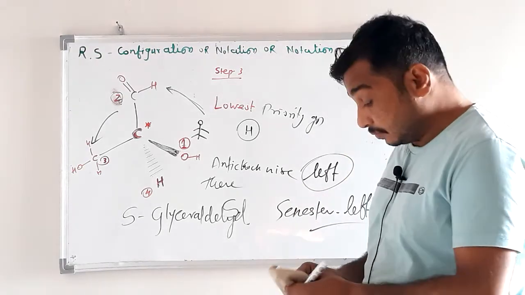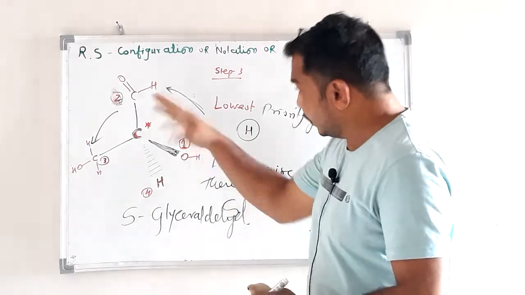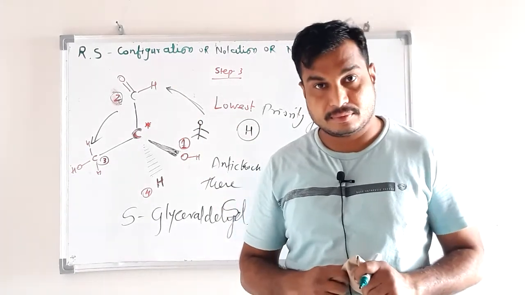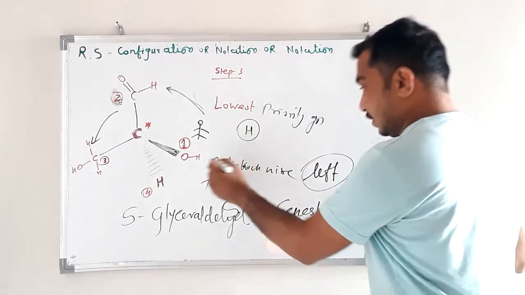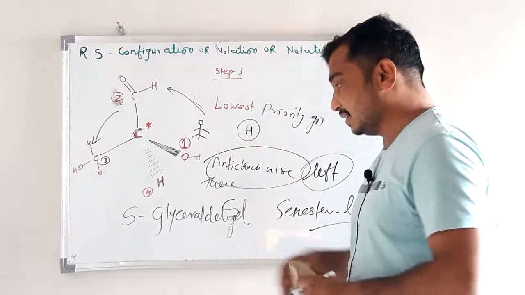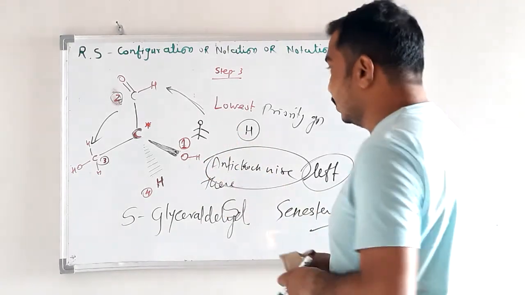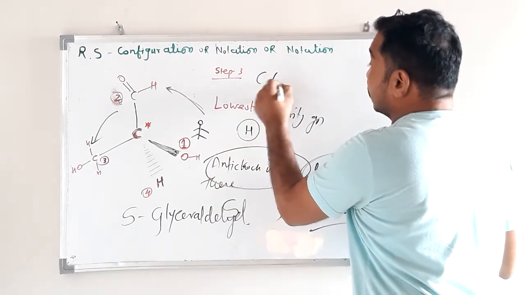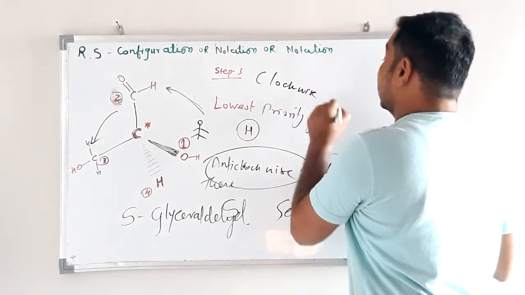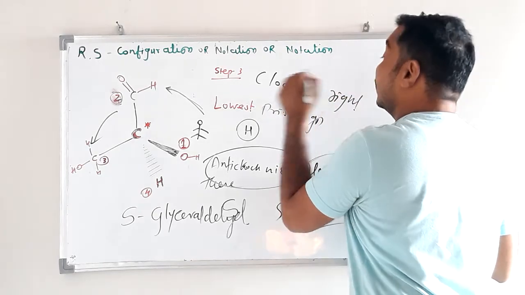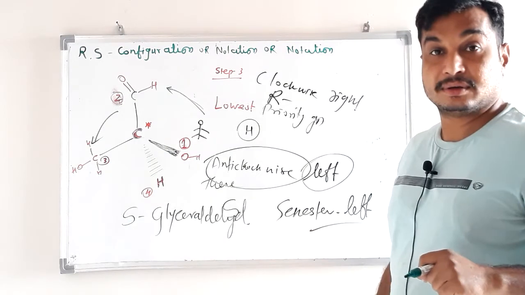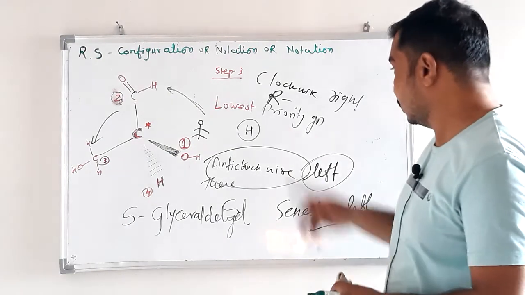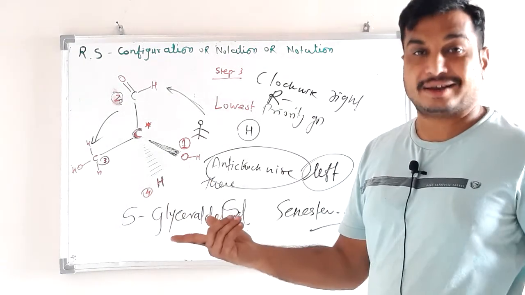Now, suppose the rotation is clockwise, I will take one more example. Here the rotation is anti-clockwise, that's why capital S. Suppose the rotation is clockwise, or right side, then capital R. Capital R means rectus, which means right side.